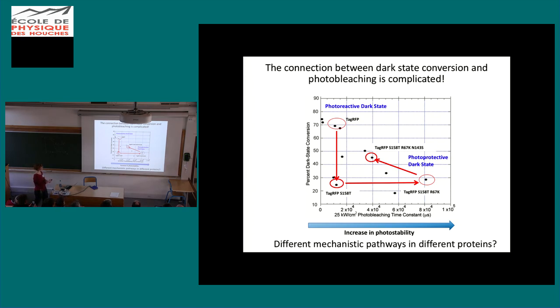So when you're in the dark state, you are likely bleaching the molecule from the dark state. When you're in this state, the dark state may actually be photoprotective. So you're probably not bleaching from the dark state. And what it suggests is that even with a single mutation from one protein to another, we probably are changing the mechanism of photobleaching and dark state conversion, and that there are different mechanistic pathways in different proteins.